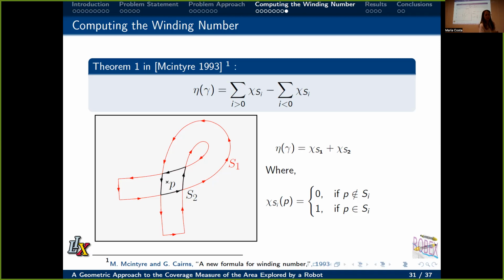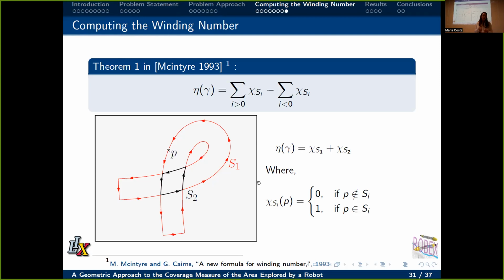The characteristic function of a set Si at a point P is equal to 0 if this point doesn't belong to the set, and equal to 1 if the point belongs to the set. So if you take this point here, P, the winding number will be 2 because it belongs to both sets. This point here belongs only to S1, so the winding number is 1.